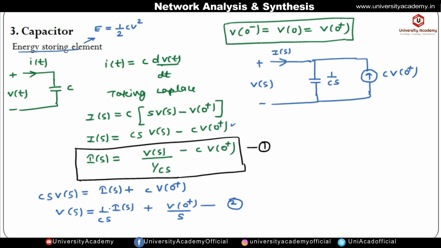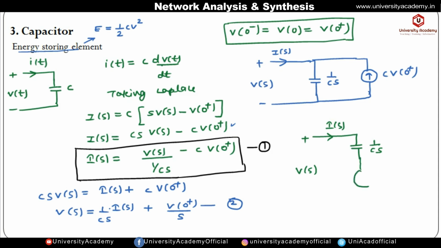Now the voltage equation is given, so it will be represented in series. This is the capacitor, with current flowing I of s and voltage V of s. The capacitor value is 1 by Cs, and the voltage source is plus v of 0 positive by s.